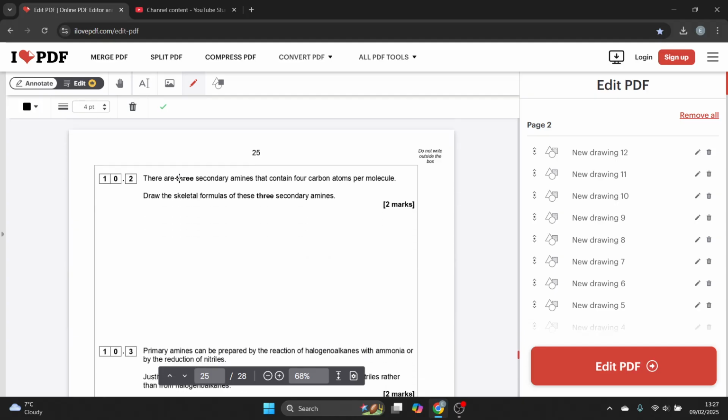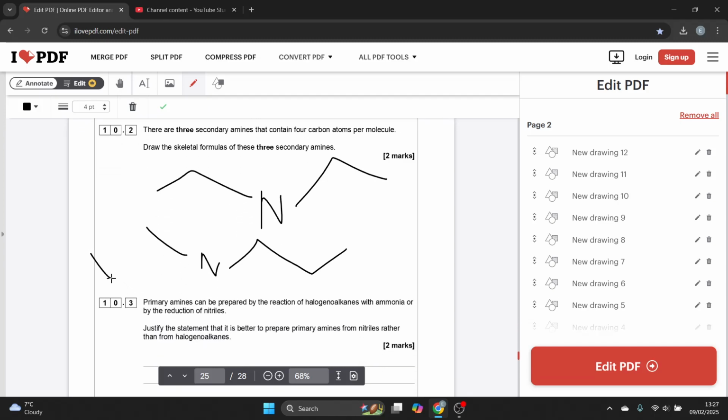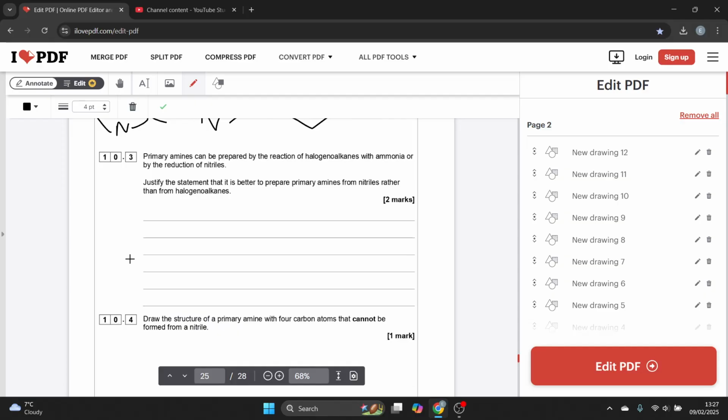Then complete the formulas of these 3 secondary amines, or justify the statement that it is better to prepare primary amines from nitriles rather than halogenoalkanes.